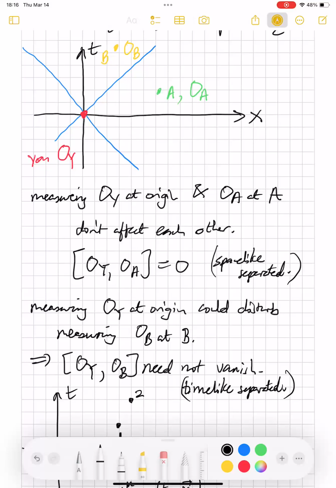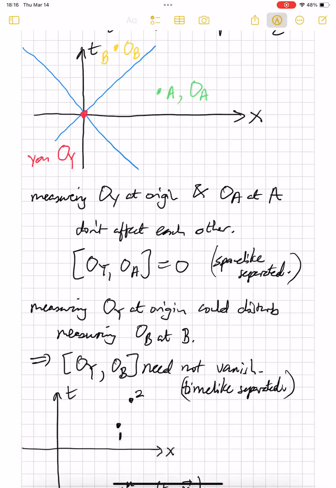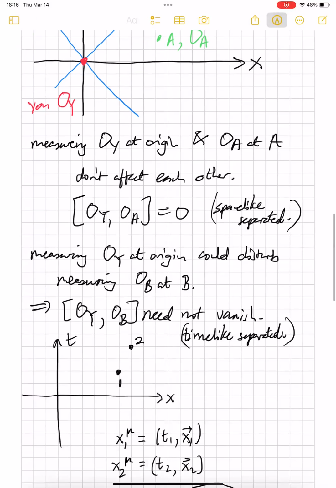And the previous rule that we were arguing for: if 2 operators are space-like separated, so not even light can travel between those 2 events, then the measurement of one operator cannot disturb the measurement of the other operator. So space-like separated operators must commute. Time-like separated operators need not commute.